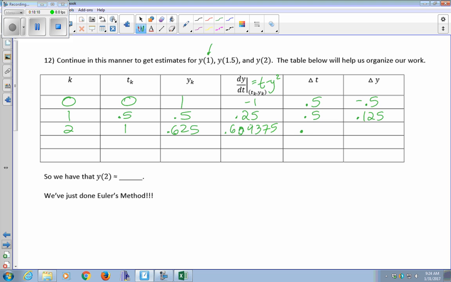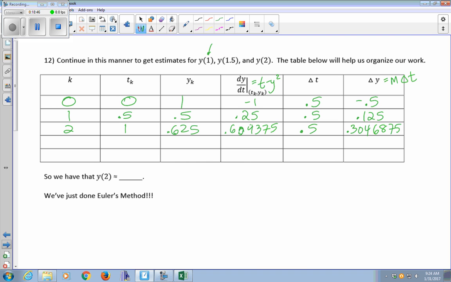Delta t is staying at 0.5 because I asked you to find y of 1.5, right? So my old t was 1. I want to know y of 1.5, so my change in t is 0.5. Delta y is the slope times delta t, and that comes out to 0.3046875.